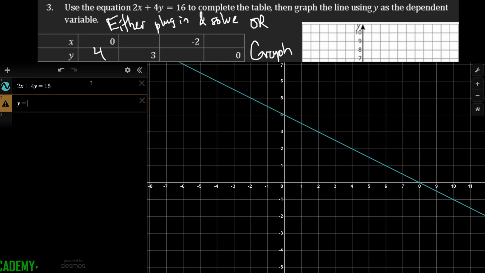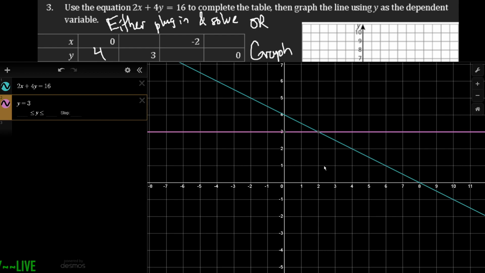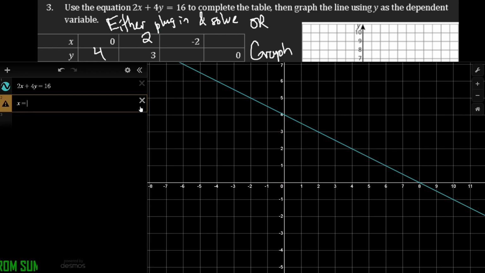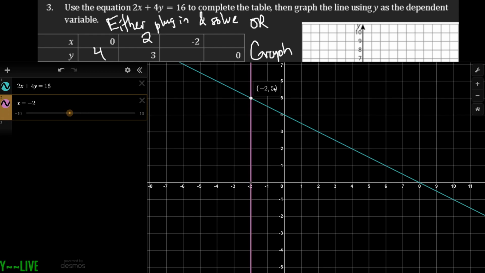When y equals 3, notice how it's a horizontal line. What's my x value? Well, that's going to be 2. So for this one, it's going to be 2. Let me switch back. When x equals -2, what's my y value? It is 5.